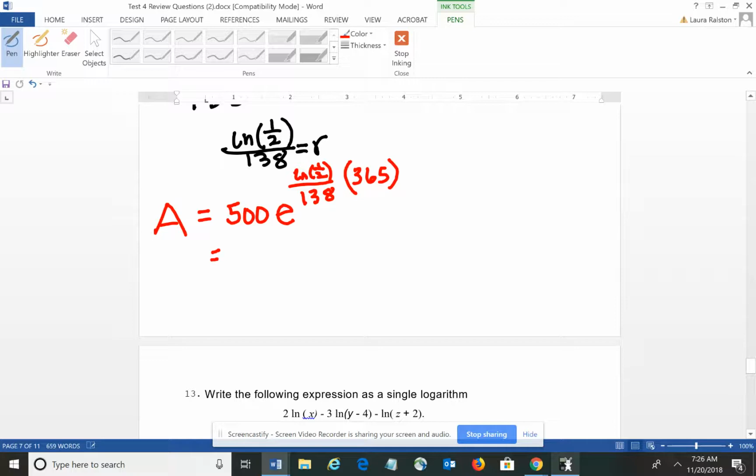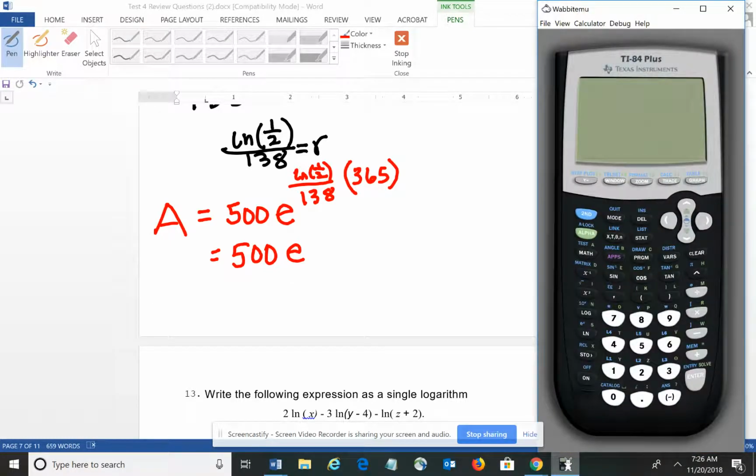And then quite honestly, guys, this becomes a calculator problem. You're going to have 500 e, and let's see if we can do the calculations and get the r value here.